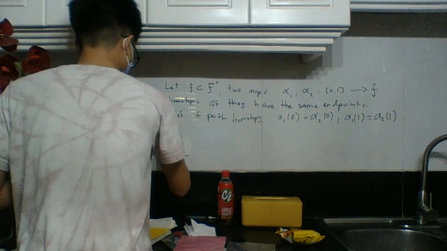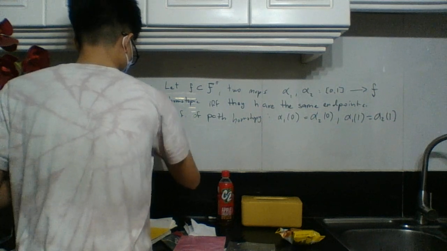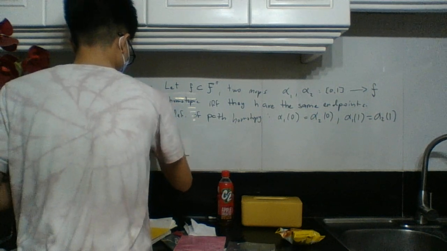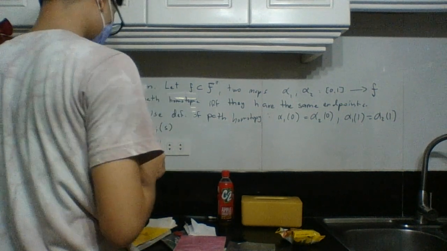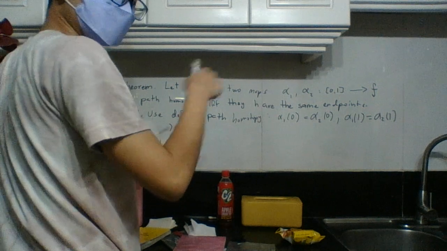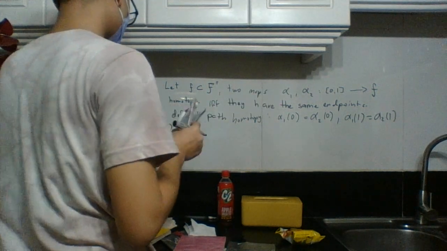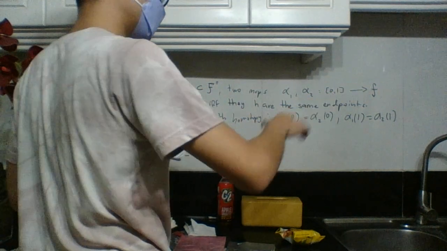alpha i of s. s is some input along the path, so alpha i of s is some element along the path.